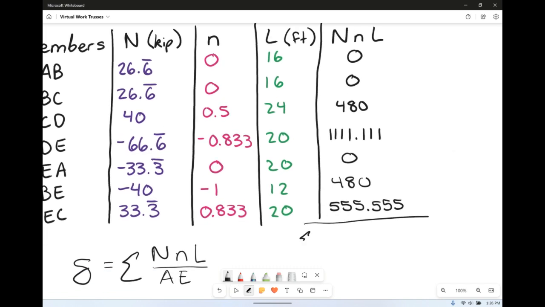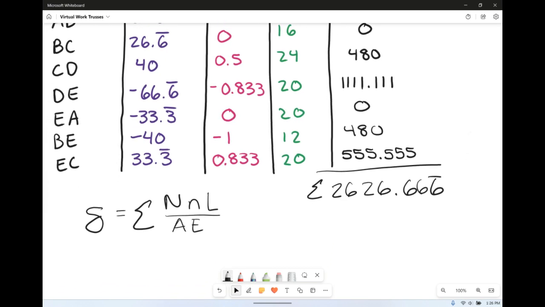Now we're going to sum all that up, and we're going to find 2626.666, all that repeating. Cool, so that's that value.